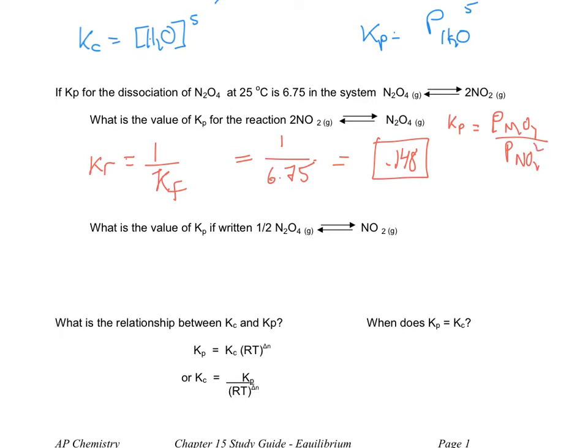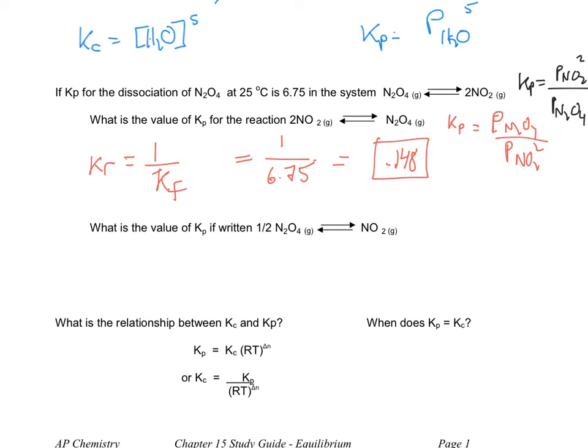If you were doing it for the above reaction, the one that was given to us, Kp would be flipped: the partial pressure of the NO2 squared divided by the partial pressure of the N2O4. So see how these are flipped, so it's 1 over the other.